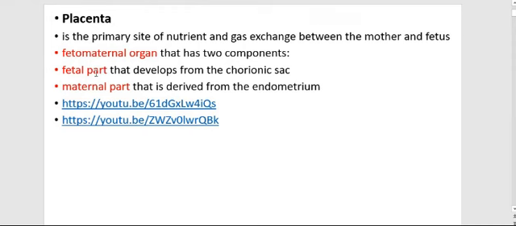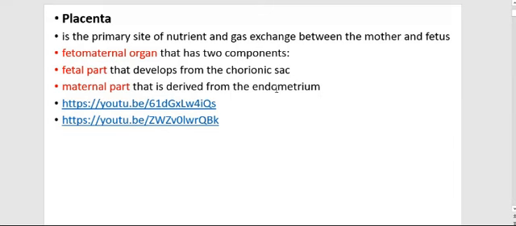The fetal part develops from the chorionic sac. Remember, in the second week, the chorionic sac was formed, and the maternal part is derived from the endometrium. Remember, in the first week, I said that immediately implantation starts, the endometrium's name changes to decidual.